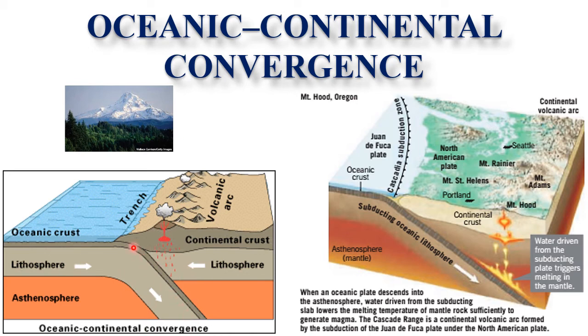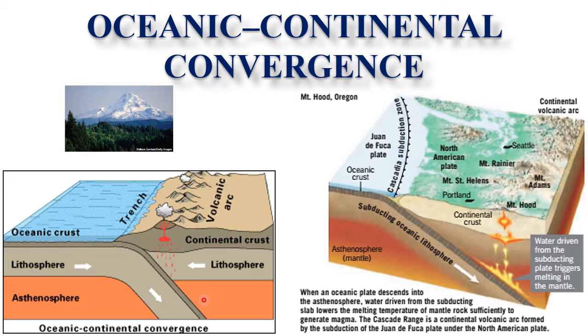When a descending oceanic slab reaches a depth of about 100 kilometers, that is 60 miles, melting is triggered within the wedge of hot asthenosphere that lies above it.